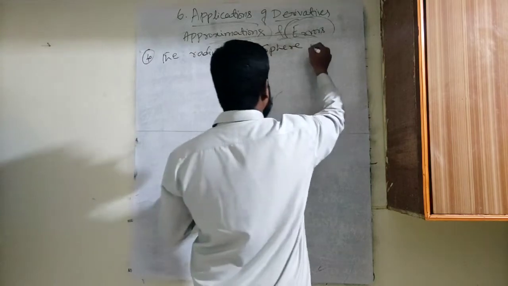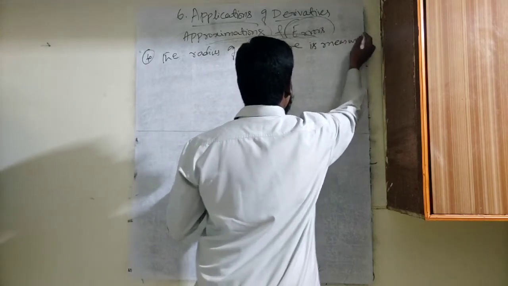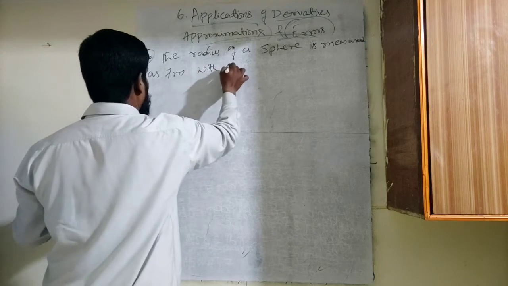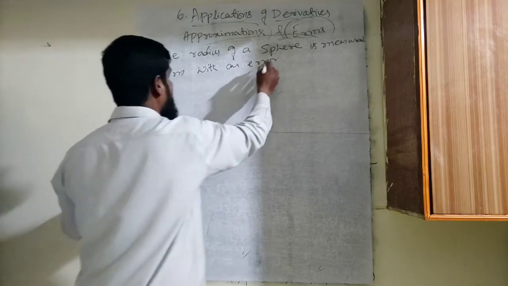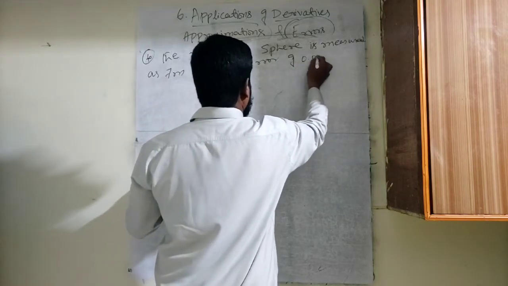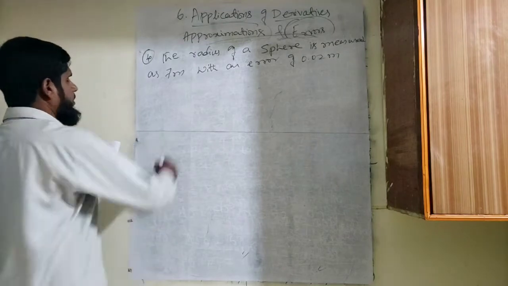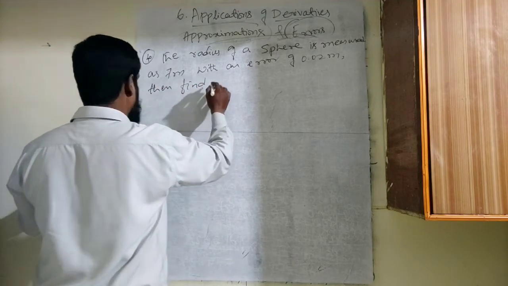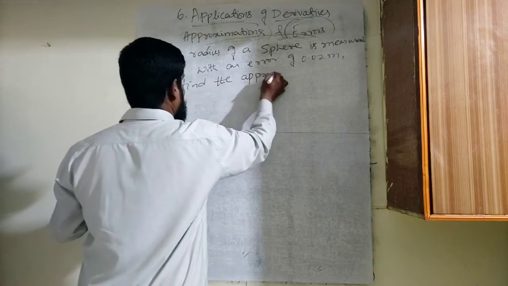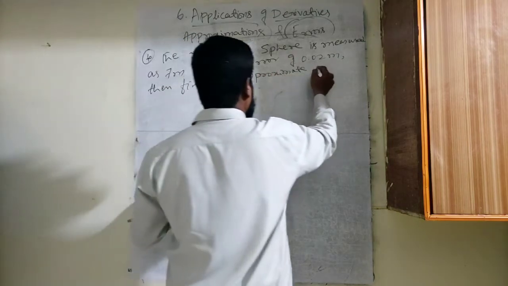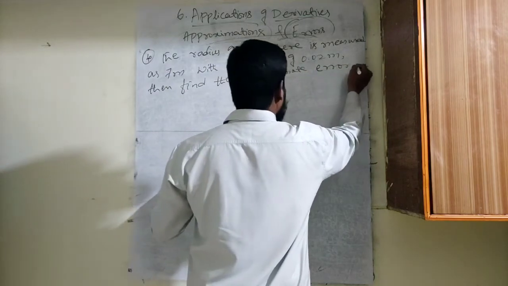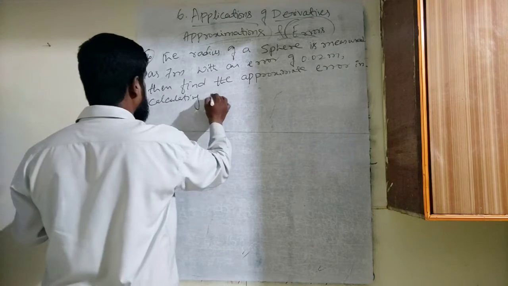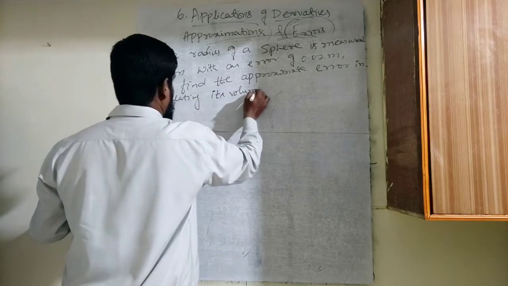The radius of the sphere is measured as 7 meters with an error of 0.02 meters, then find the approximate error in calculating its volume.